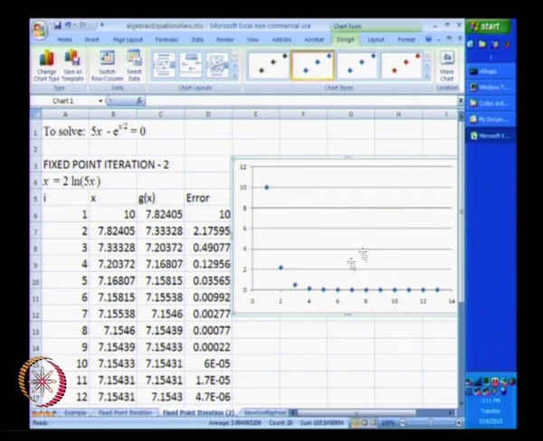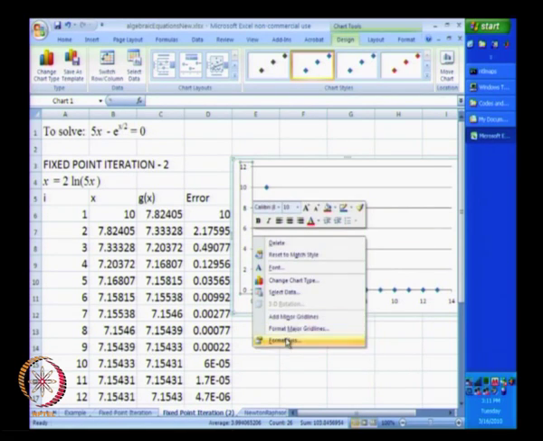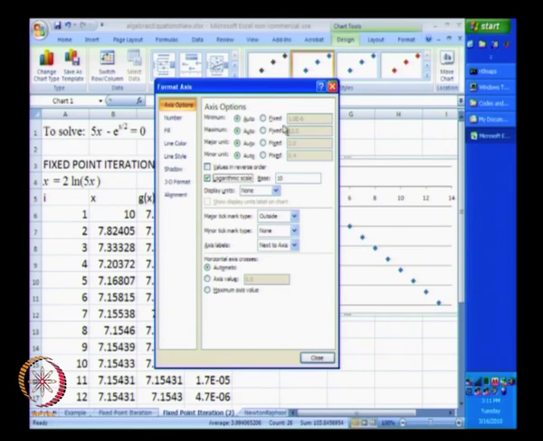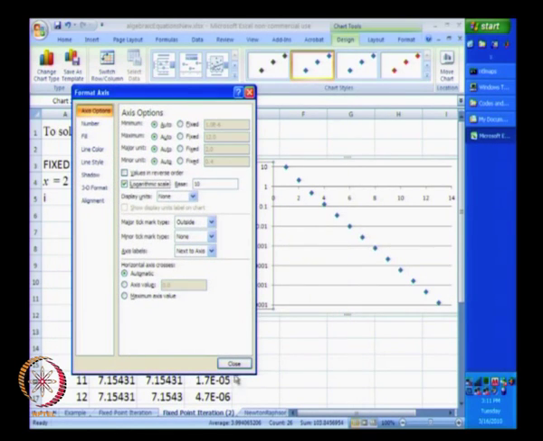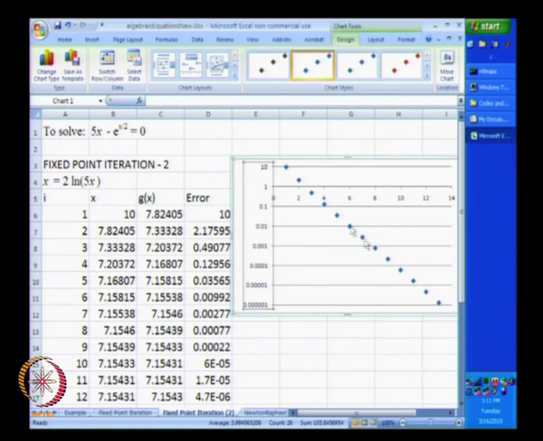And so what we are going to do is we are going to make this plot as a logarithm plot. Our y axis is going to be a logarithmic scale. Okay. So when we essentially make this particular scale as a logarithmic scale, we find that that particular error line is a straight line approximately. Okay. And so this particular curve is going to be essentially a straight line with a slope of -1.